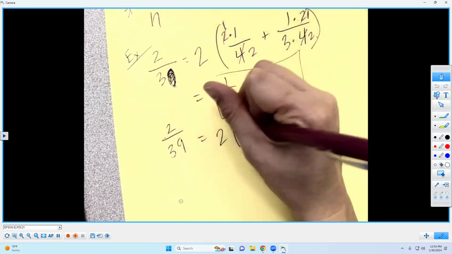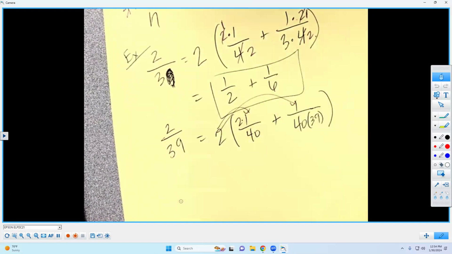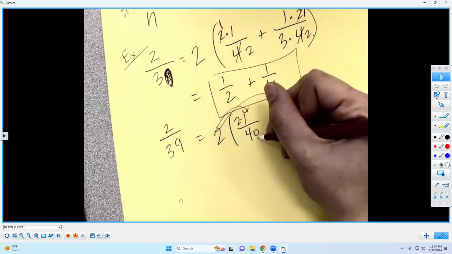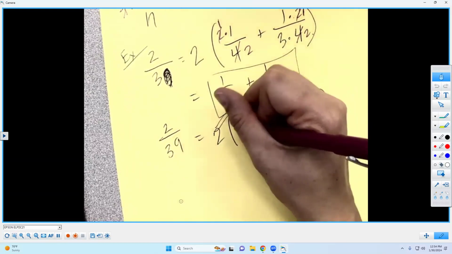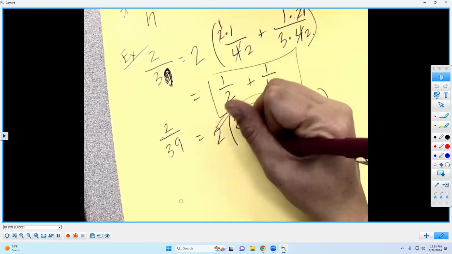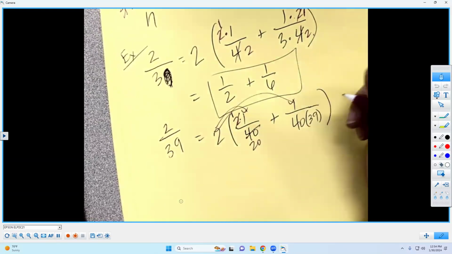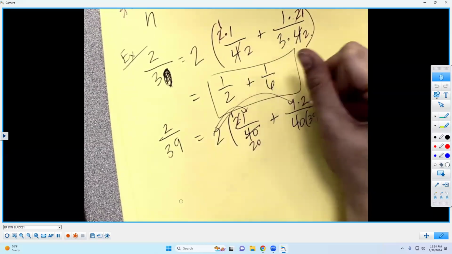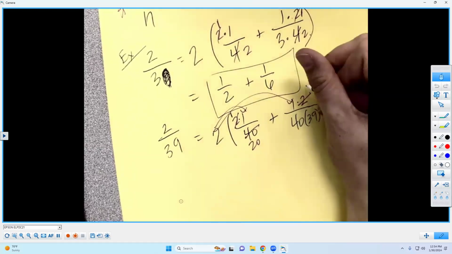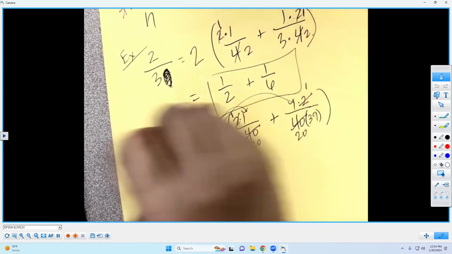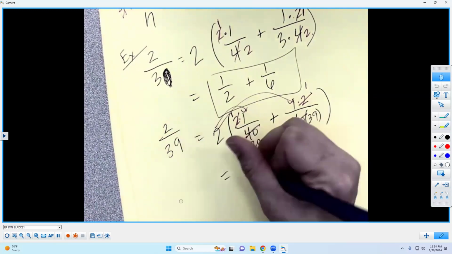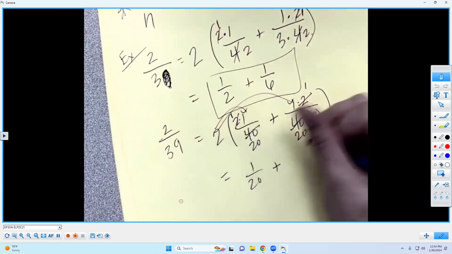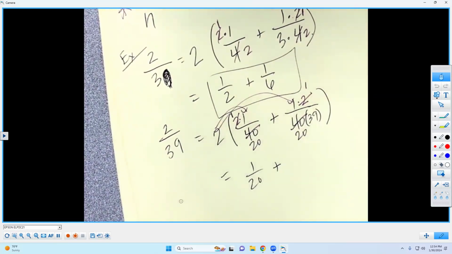So when I multiply by 2 here, like when I'm distributing my 2 in, the 2 on top and the 40 on bottom reduce to be a 1 and a 20. Over here, the 2 on top and the 40 on bottom reduce to be a 1 and a 20. So the answer here would be 1/20 plus 20 times 39, which is 780.